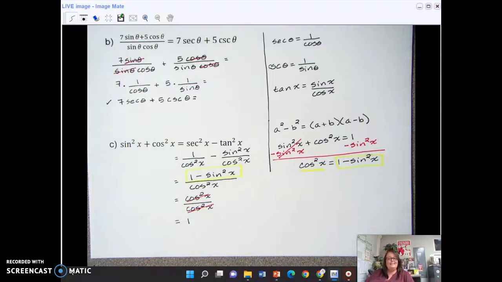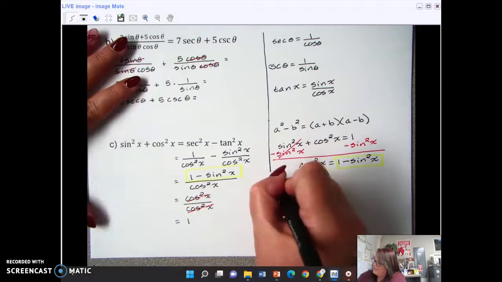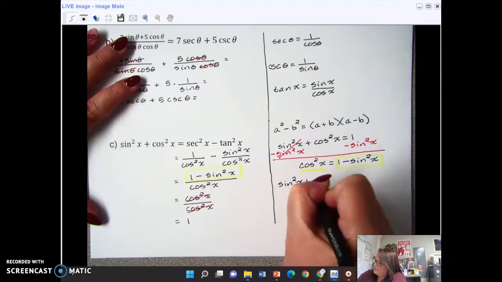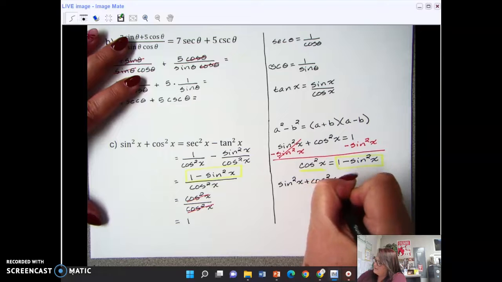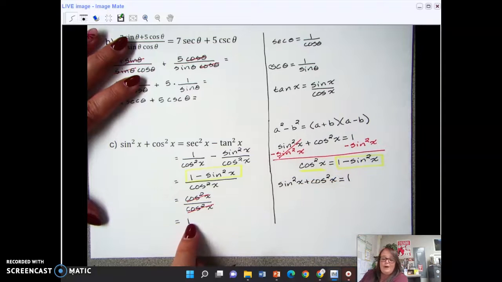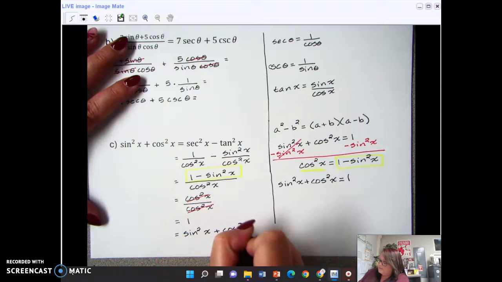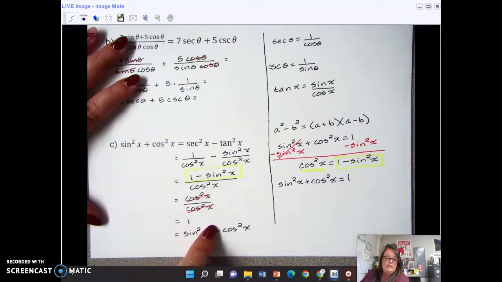Now, that doesn't look like my left-hand side, but going back to that Pythagorean identity, we said sine squared of x plus cosine squared of x is equal to 1. So wherever I see 1, I can replace it with sine squared of x plus cosine squared of x. And now you can see that they match.